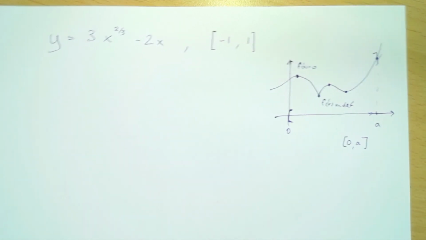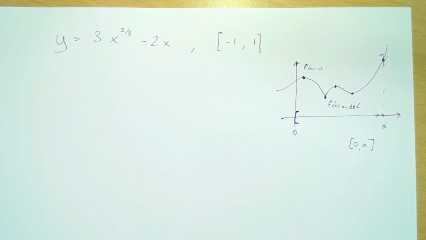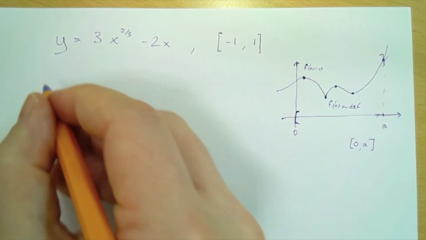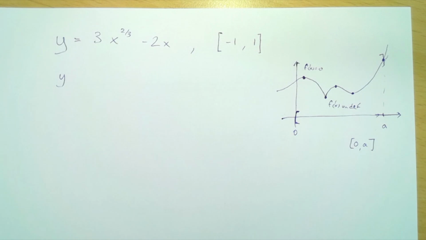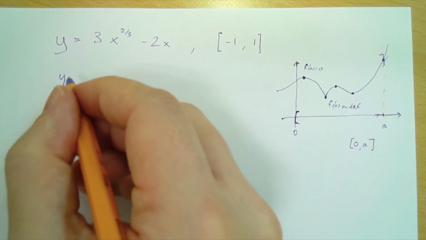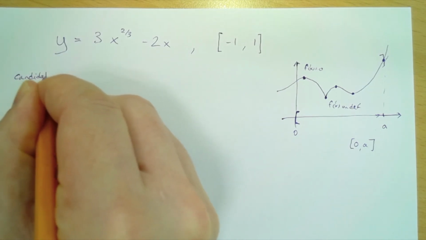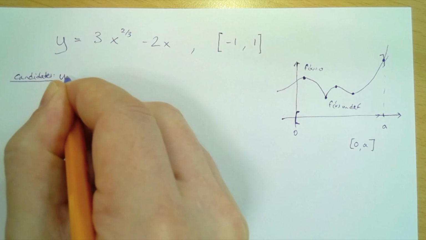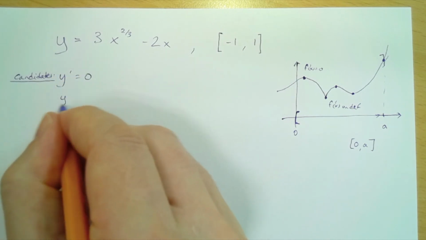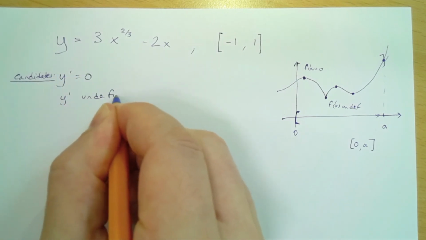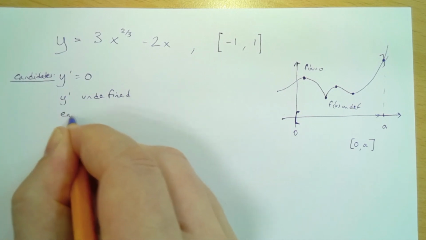So let's look at this function. We are going to want to find where y prime equals 0, y prime is undefined, and endpoints. I'm going to list them: candidates, y prime equals 0, y prime undefined, and endpoints.